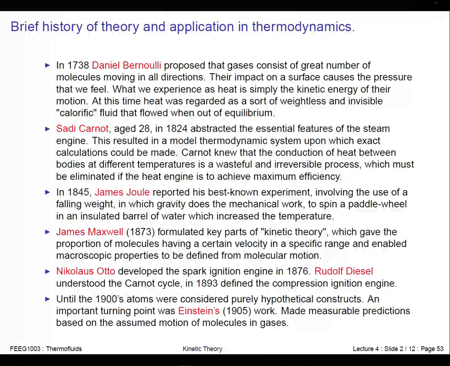James Maxwell made significant advances in the theory of what happens to molecules, and if they operate in a certain way, then we can come up with laws, and we can say a lot of things about the properties of a gas just from the way these molecules are bouncing around off each other and off walls. And we're going to concentrate on what he did in this lecture today. And then towards the end of the 1800s, heat engines were invented.